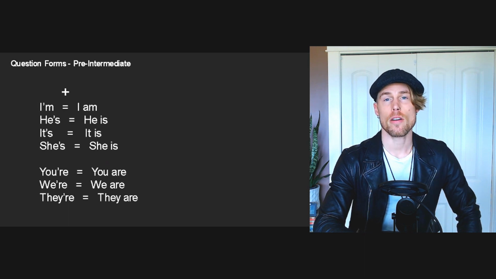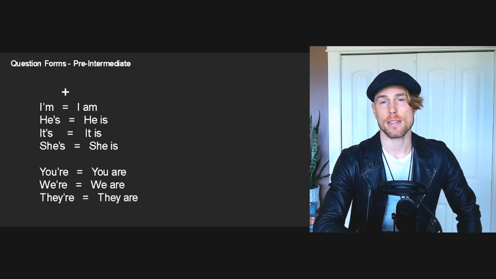Okay, these are positives for subject and verb. I'm or I am, he's, he is, it's, it is, she's, she is, you're, you are, we're, we are, they're, they are.